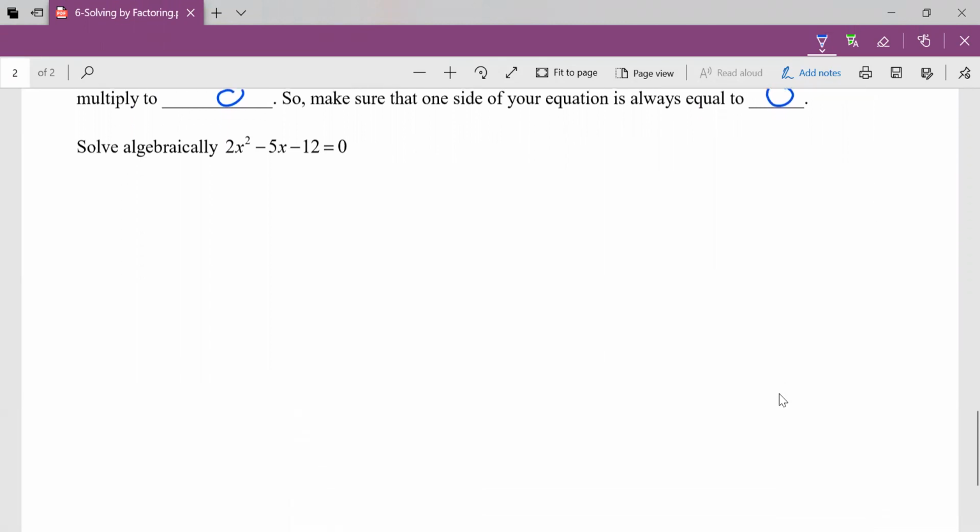Solve algebraically this trinomial. This trinomial is a complex trinomial. It's not called complex because it's complex to do. It's called complex because it gives potentially complex roots, but it is definitely more work than a simple trinomial or any of the other three we just did.